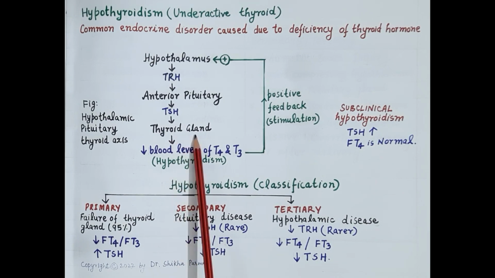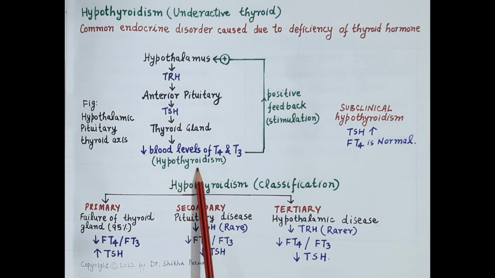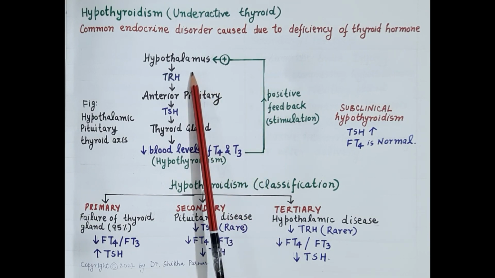Now required amount of T3 and T4 are constantly produced by the thyroid gland and secreted in the blood. But if thyroid gland secretes less amount of T3 and T4, then this condition is termed as hypothyroidism. Now let's understand what happens during hypothyroidism. These reduced blood levels of T4 and T3 send positive feedback signals to hypothalamus.